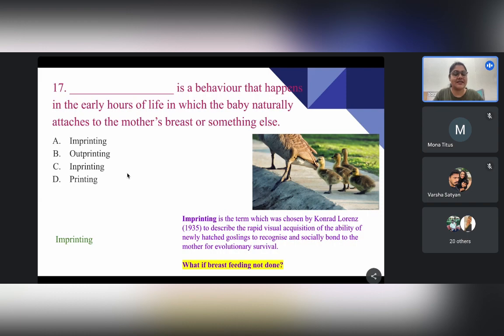If somebody is interested, you can go and read about this imprinting, how it was actually discovered in animal species, in different animal progenies, and then how it came to be established in humans, and when it gets established in humans, what is the time period. If you are interested, you can always go to Google and learn about it.